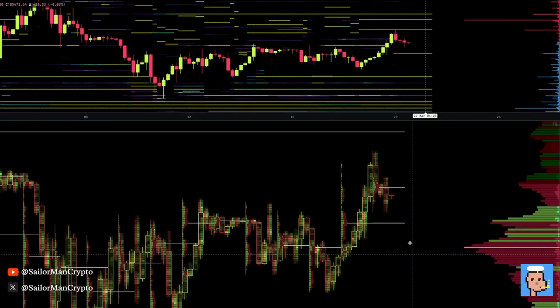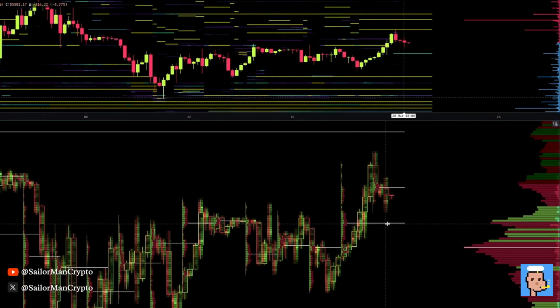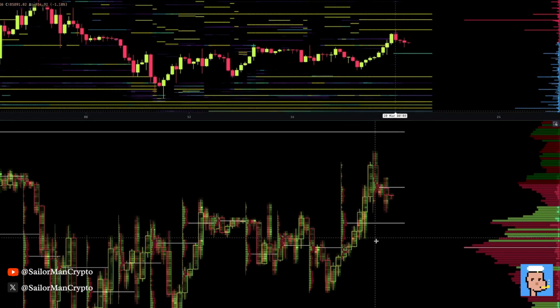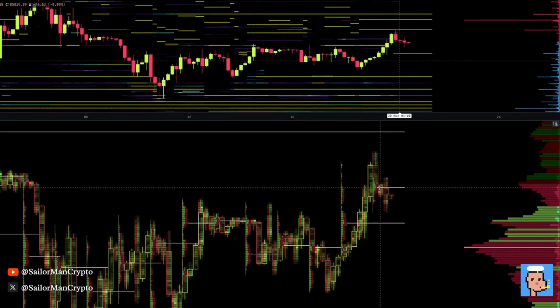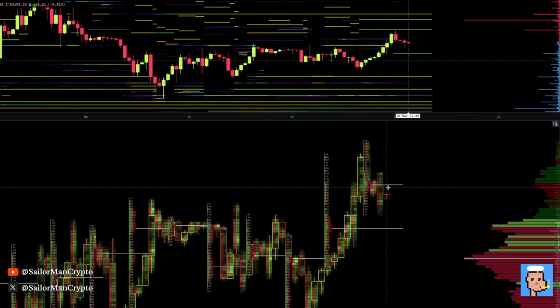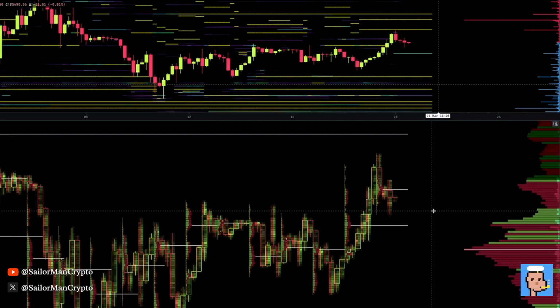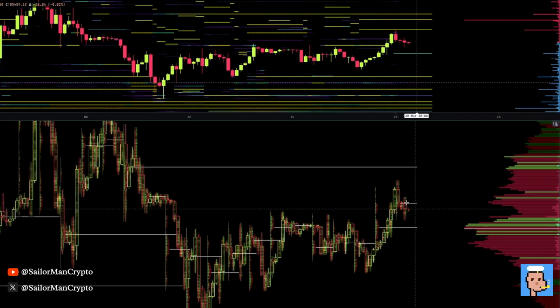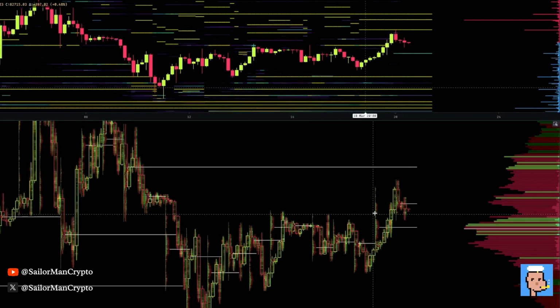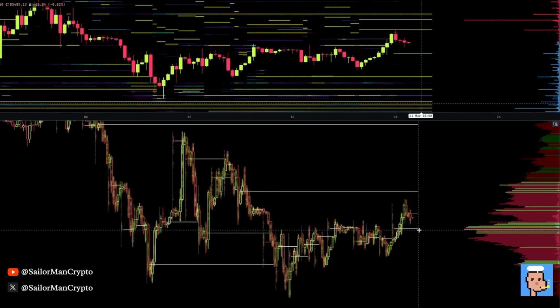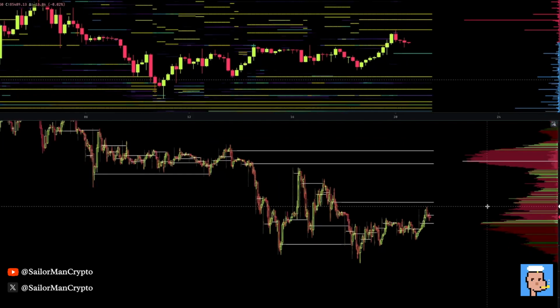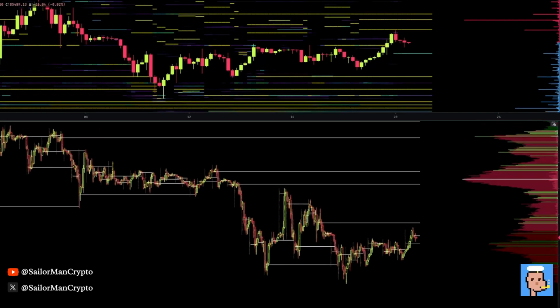I can see that the previous point of control of the last session is down here and can potentially be a support level, and I can see that currently in this session we are below the point of control, so this session is possibly a bearish session. It's just to visualize strength and weakness, and also to visualize where the real point of control is.